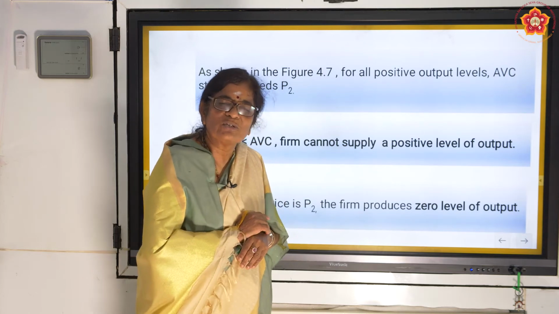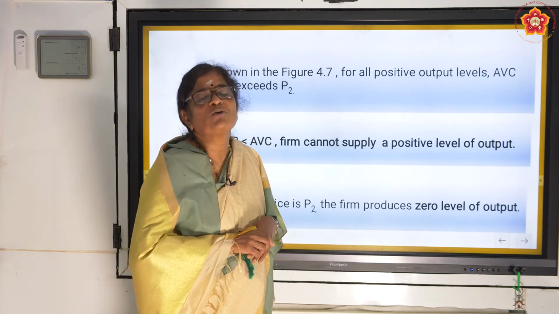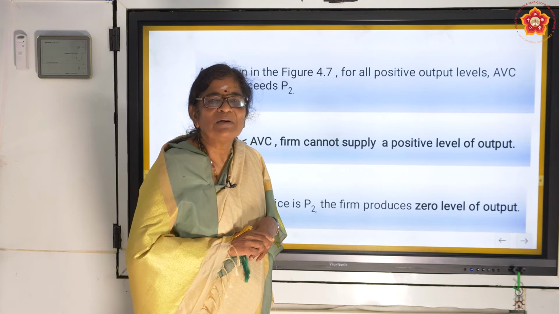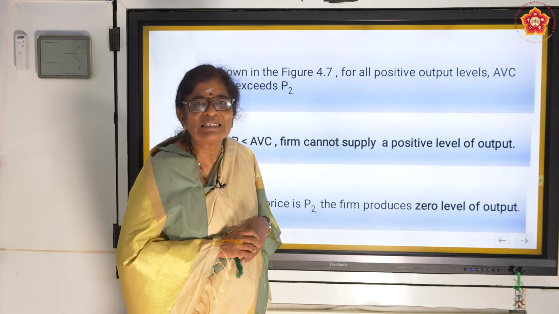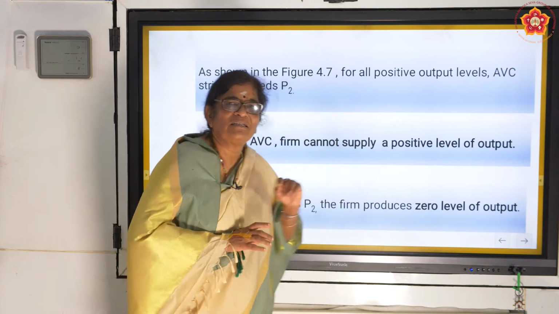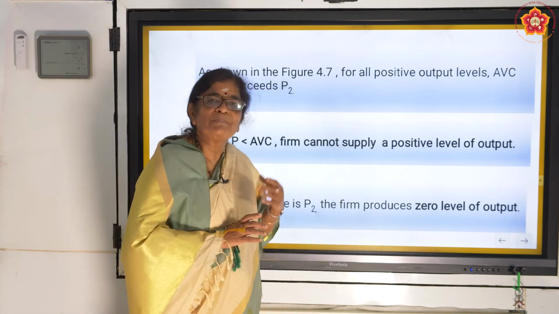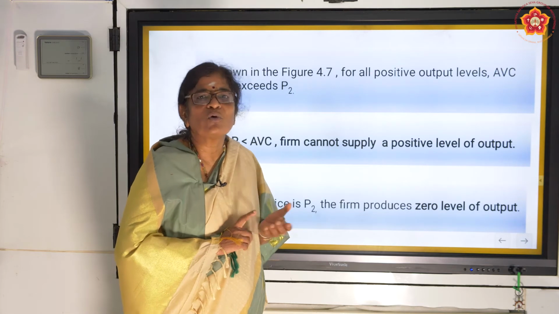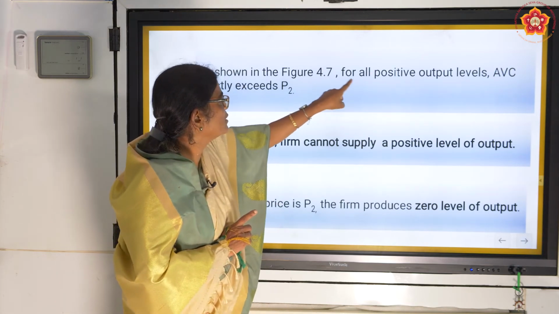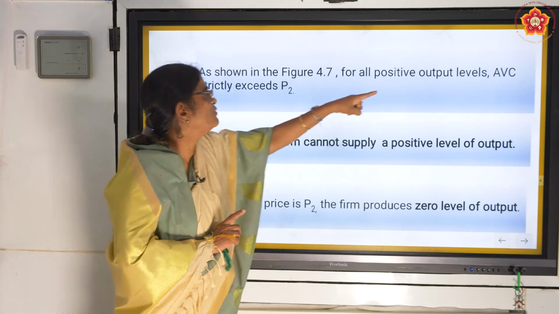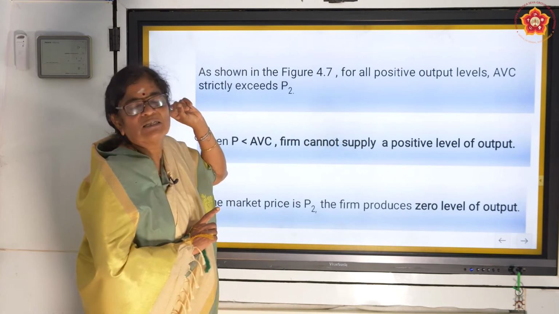The firm is not going to produce that commodity anymore when the price becomes less than ABC. When the firm is not producing, what do you call it? Zero output. When the firm gets P greater than ABC, it produces more and more, and we say positive level of output. As shown in figure 4.7, for all the positive levels, ABC strictly exceeds P2.